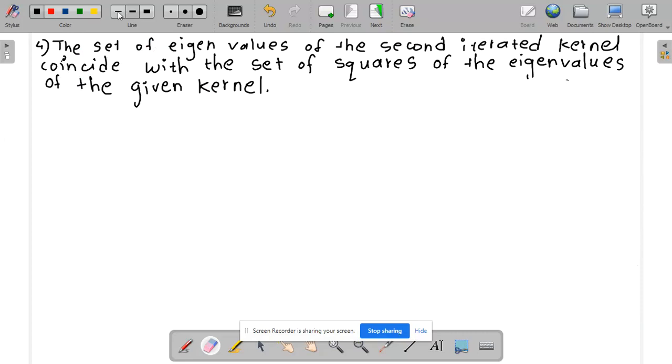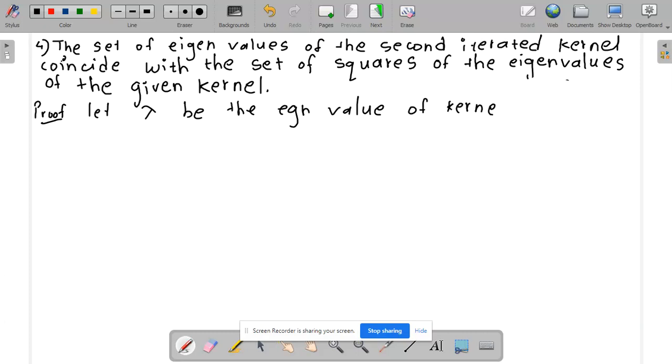So to start with, let lambda be the eigenvalue of kernel K(x, t), and the corresponding eigenfunction be phi of x. Then by the definition of eigenfunction, what do we have?